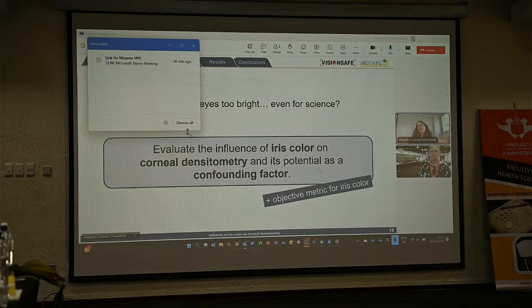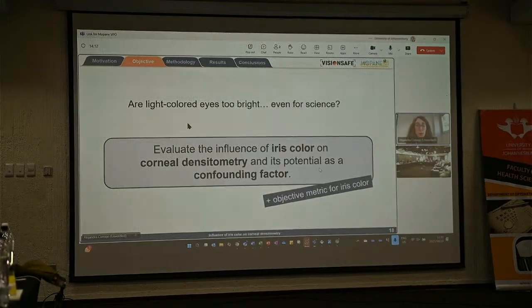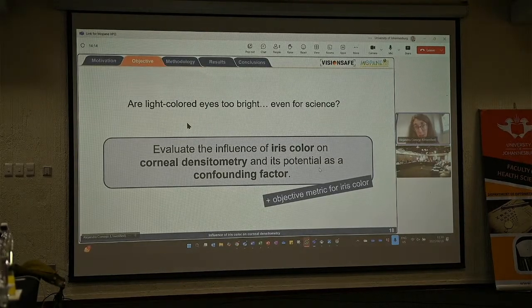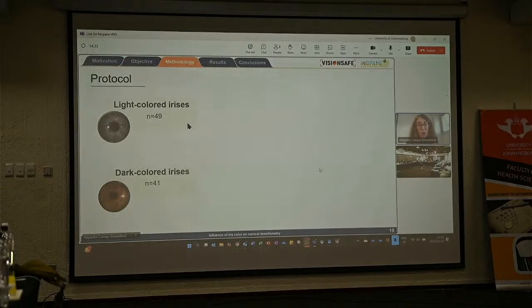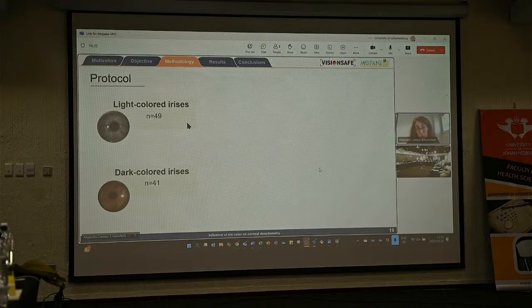So that's the big aim of the presentation, but on top of that, we of course needed to objectively quantify the color of the iris of each person. So we also proposed a rather straightforward metric with only one number to be able to objectively classify the color of a given iris. Okay, so the methodology, the protocol that we followed: we have 49 light color irises and 41 rather dark color irises.